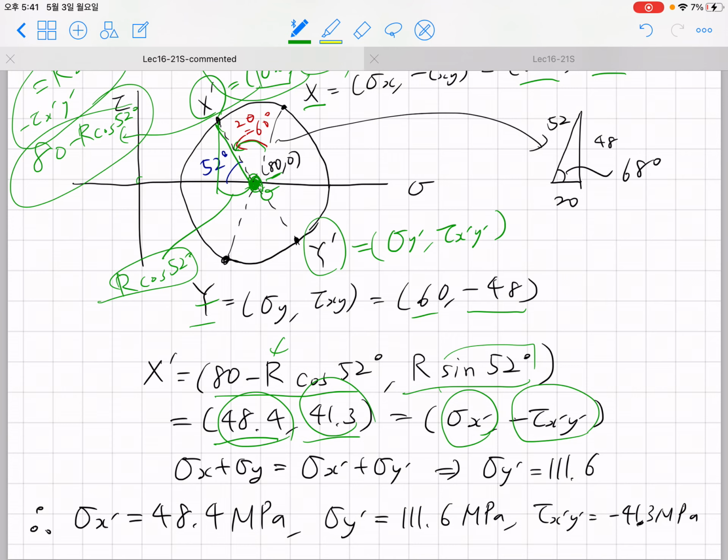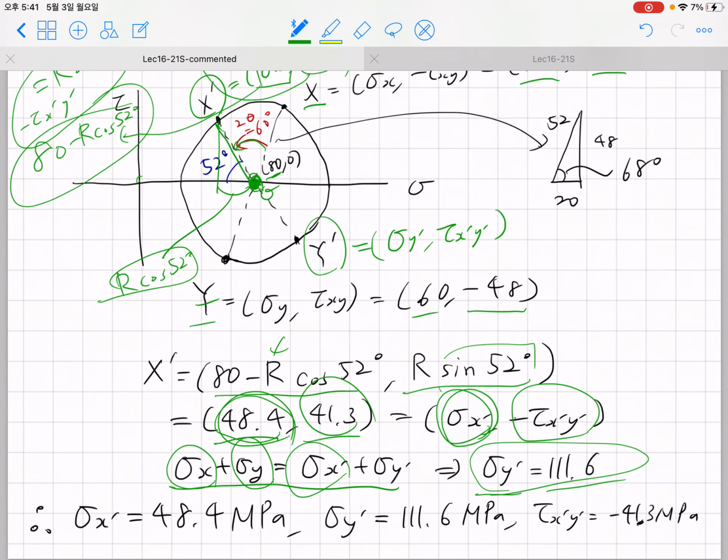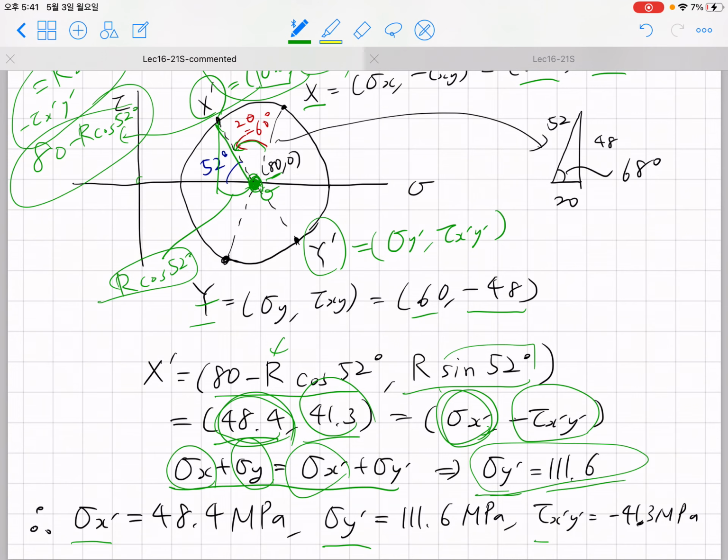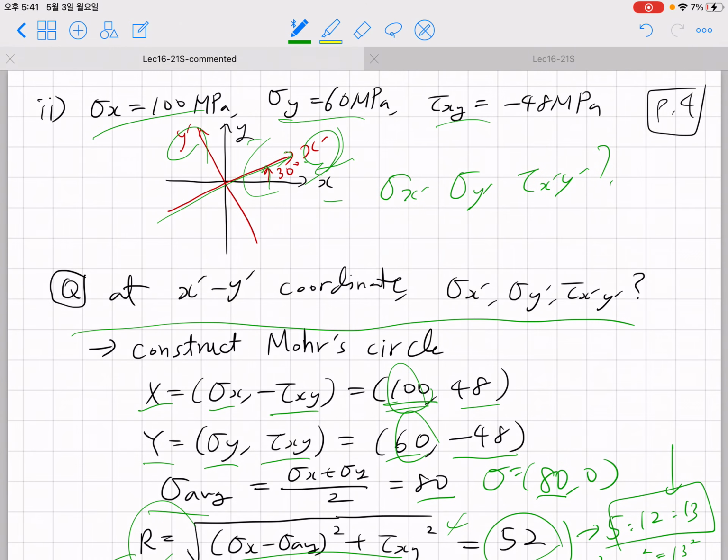And in addition to that, because the average stress is preserved under coordinate rotation, something we discussed in a previous lecture, we can obtain sigma y prime very easily because we already know sigma x and sigma y. We now just obtained sigma x prime, which is 48.4. So you obtain sigma x prime, sigma y prime, tau x prime y prime, which have these numbers, and this is the reading with respect to the x prime y prime coordinate system, which is rotated by 30 degrees from the original coordinate system.